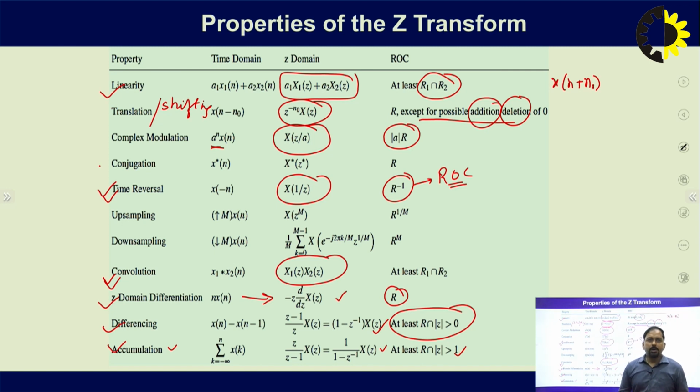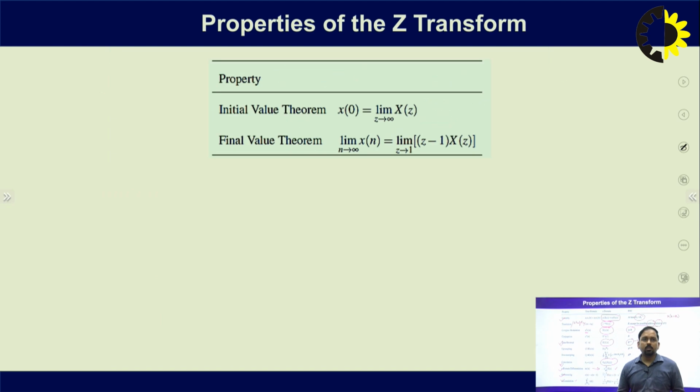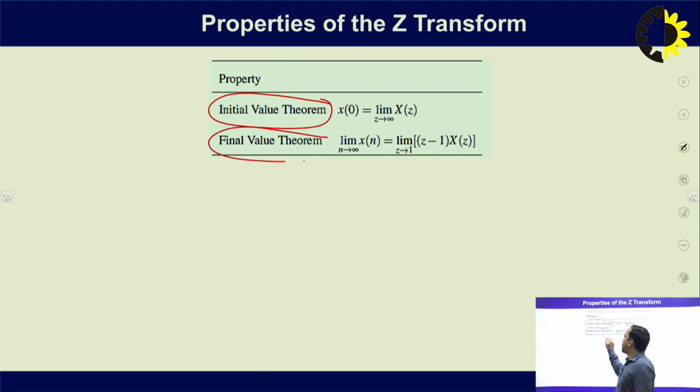After these properties of Z transform, we have the initial value and final value theorems. These theorems are very, very helpful in calculating the value of the signal when n approaches 0 or when n approaches infinity. So let us remember the theorems we have seen in the Laplace transform.